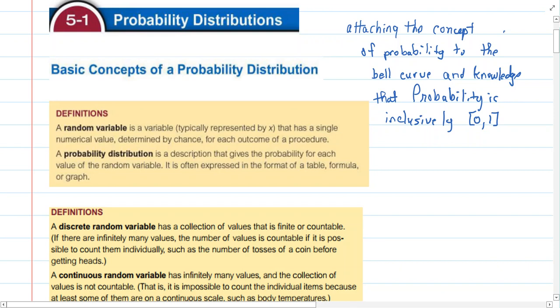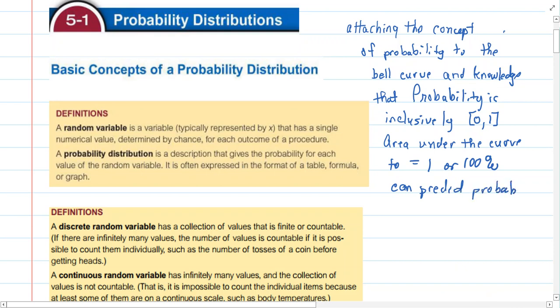Well, now we're going to have the concept of area under the curve equal 1 or 100%, and therefore can predict probability by that measure.